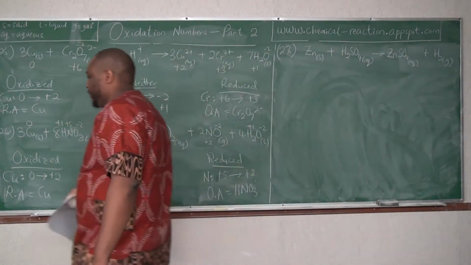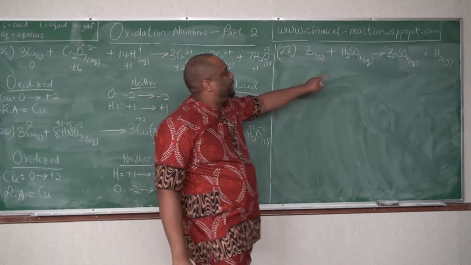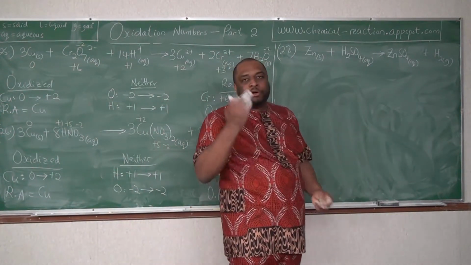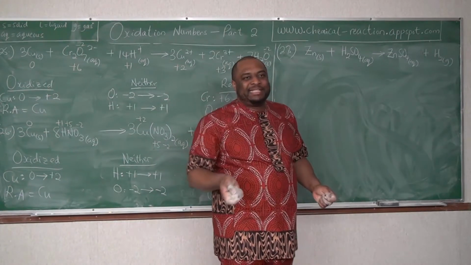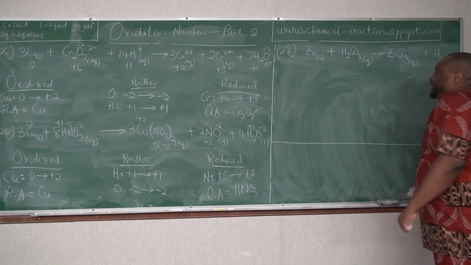Okay? This is another strong acid here. Tetraoxosulfate: tetraoxo, 4 oxygen; sulfate 6. If we do the oxidation number, you will see that it's sulfate 6.